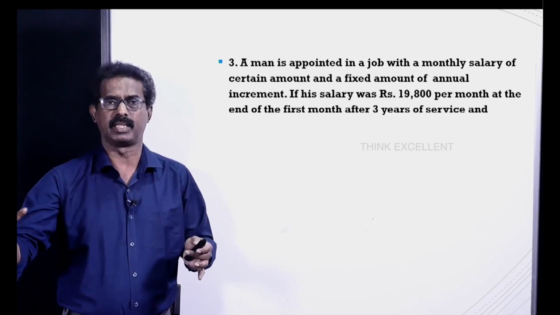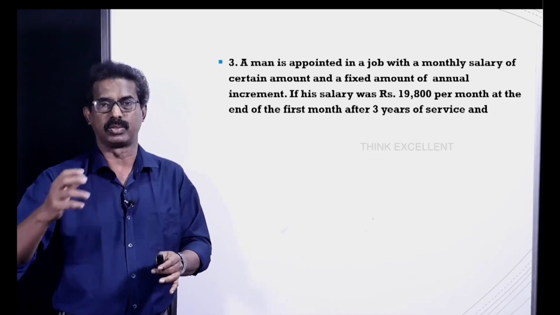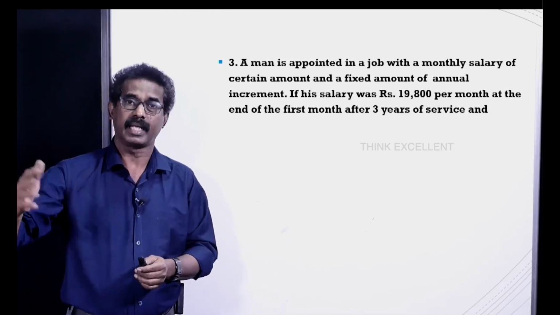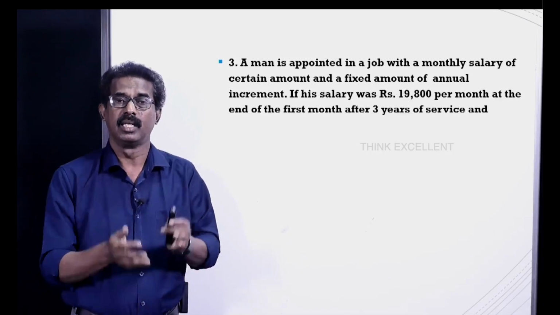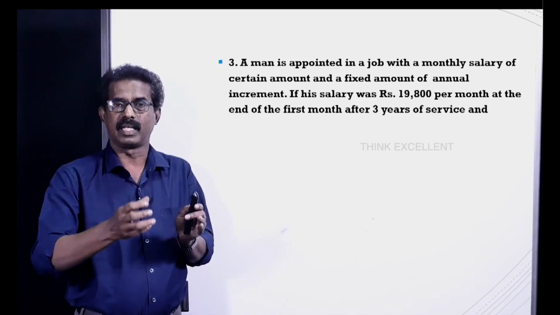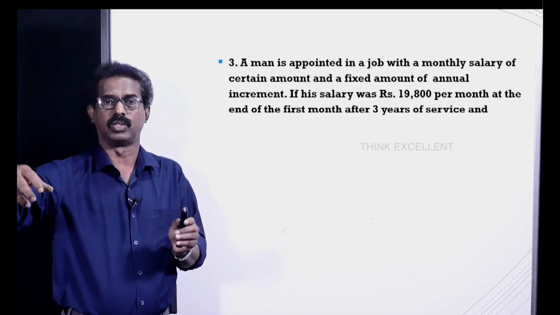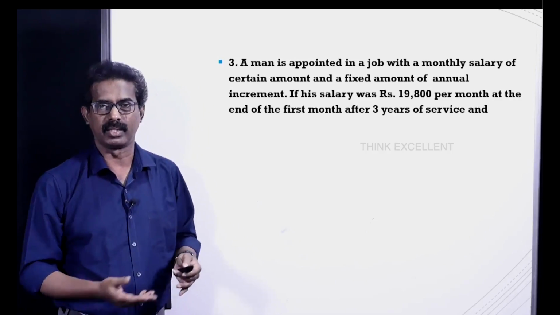He will be getting that 10,000 plus increment 1,000. So 11,000 he will be getting. After the end of the second year, how much will he get? First 10,000, then first year increment 1,000, second year increment 1,000, so 2,000. So like that you can find out everything, right?